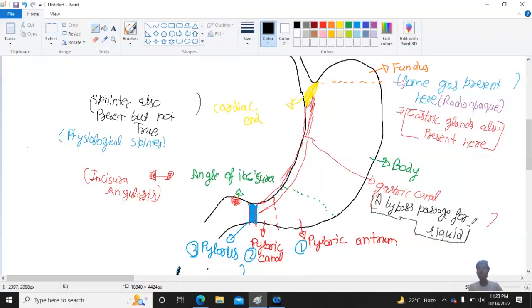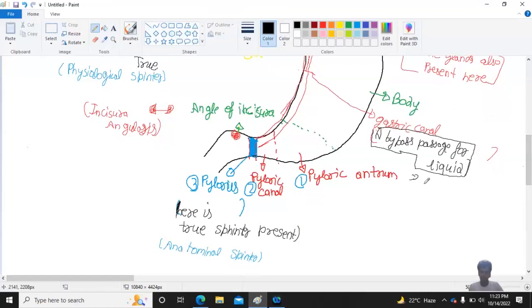And this is the most common site for ulceration also. A common site for ulcer.